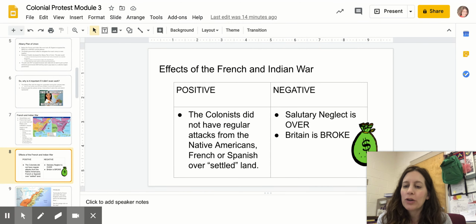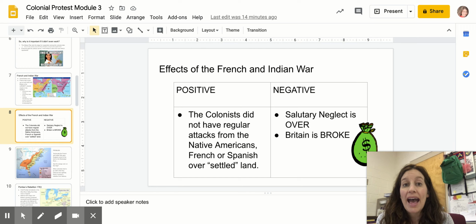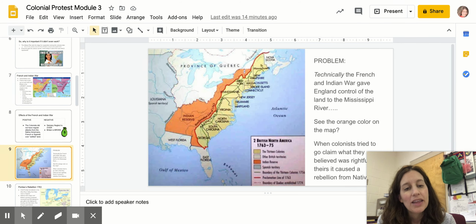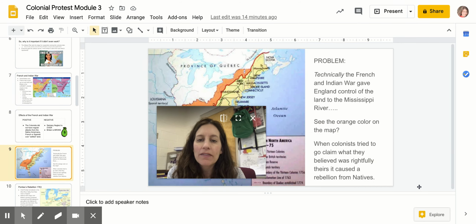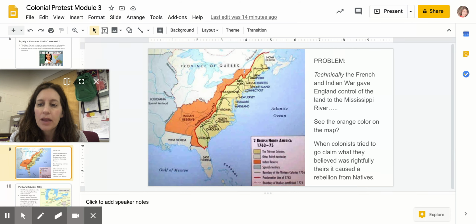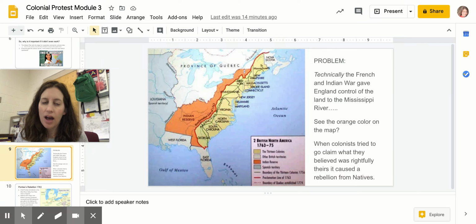You are probably familiar with the rules that we're going to talk about because a lot of them are acts to raise tax money because Britain's broke after this war. Now, the other thing that really ticks off the colonists is, remember all of that land that technically now the colonists were supposed to have access to?